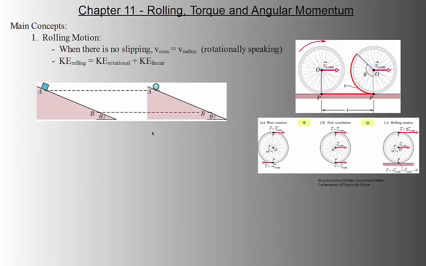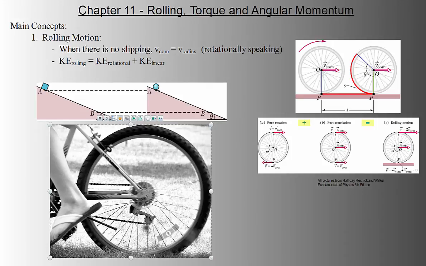Actually, there's a picture I can show you real quick. Alright, here's a picture. So this is like someone riding a bike, and they took sort of a longish exposure so that you could see some of the motion in the picture. And notice it's blurry up here, and it's clear here, representing the fact that this would be moving faster than this, right?